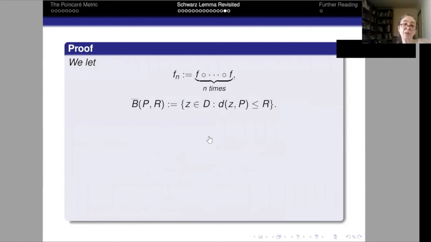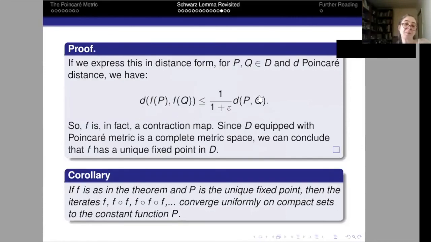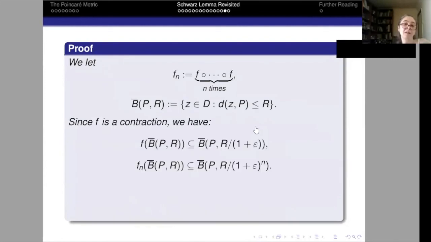If you remember, we have this property. So if we apply this to Fn, the image of this ball is a subset of the closed ball with center P and radius R over 1 plus epsilon to the power n.